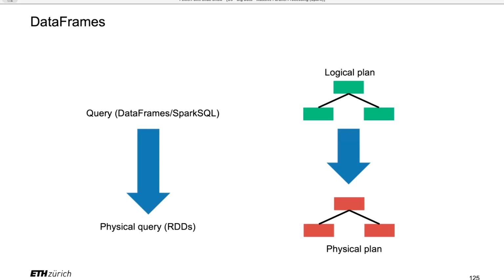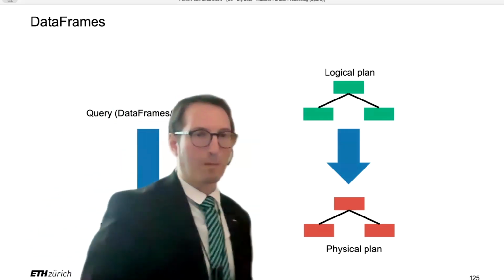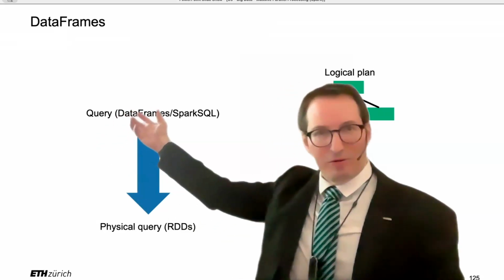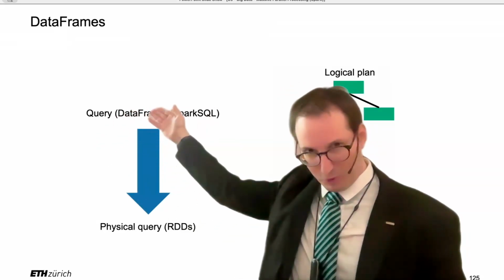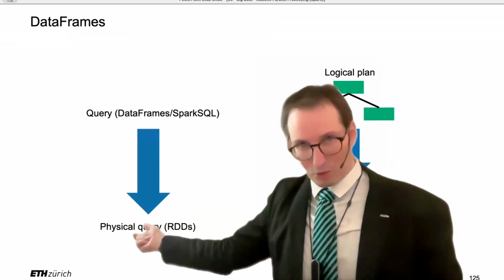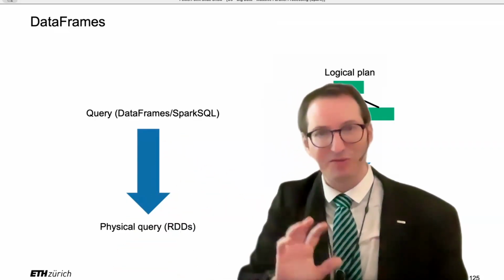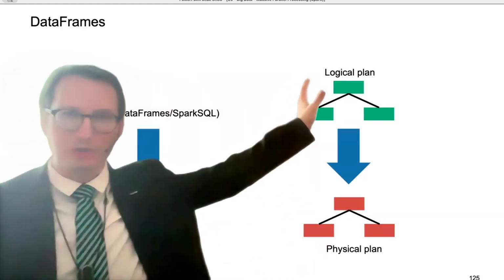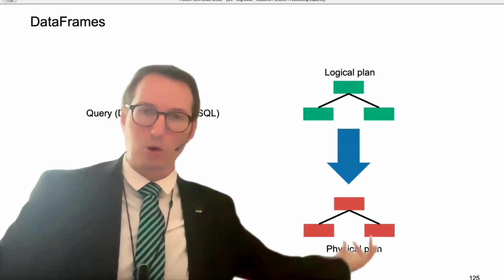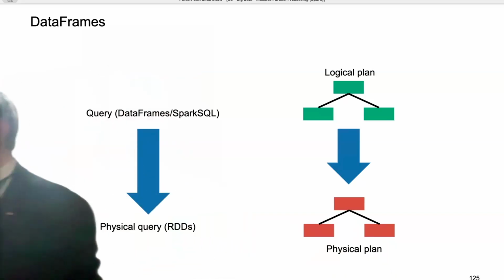So now, if you decide to read a file into a data frame and to manipulate the data frames with Spark SQL or with the data frame transformation API, what's going to happen is that Spark will compile what you want to do from your query in Spark SQL or data frame transformations to a physical query on RDDs. It means that behind the scenes, there will be some very physical RDDs that implement the whole thing. So there's the logical plan on the data frames that is compiled internally to a physical plan.